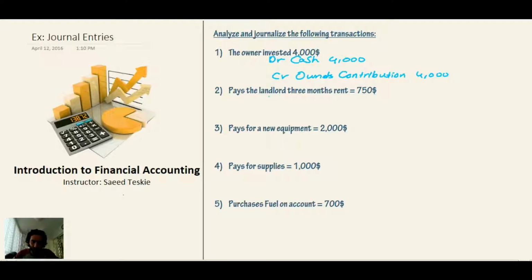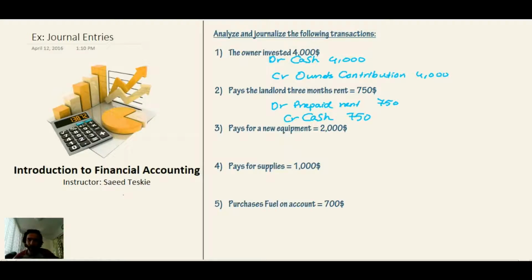Okay, let's continue. The owner or the management pays the landlord 3 months rent equal to $750. So we will debit prepaid rent account for $750, and because the money went out of our cash account, we will credit cash for $750.